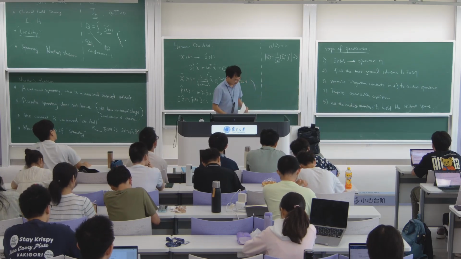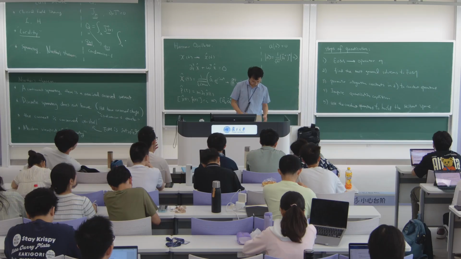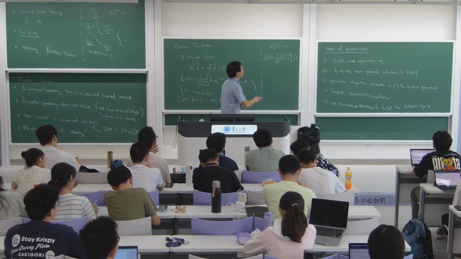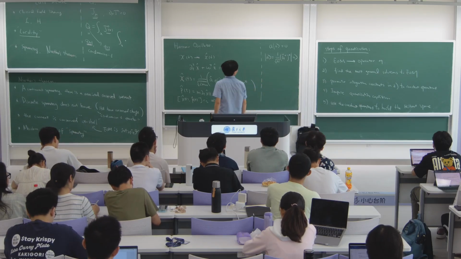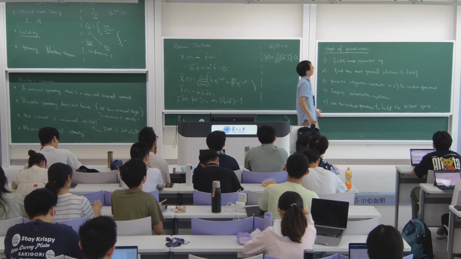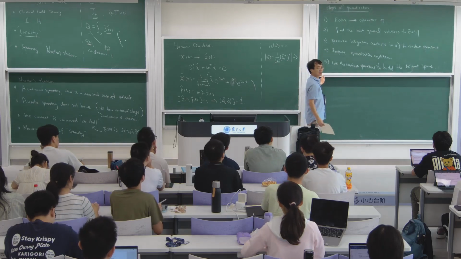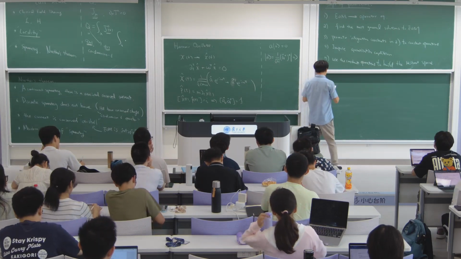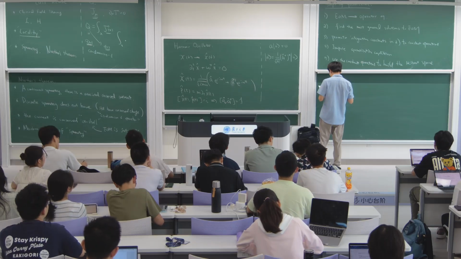Now let's do it. So first we have to write down the equation of motion. So let's do the simplest example, which is the free field, a free real scalar field.